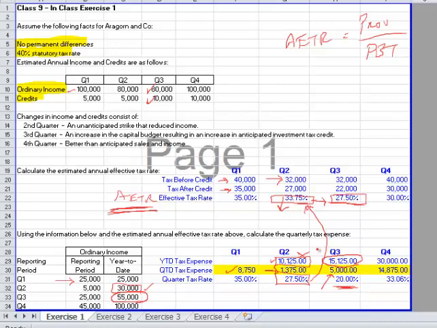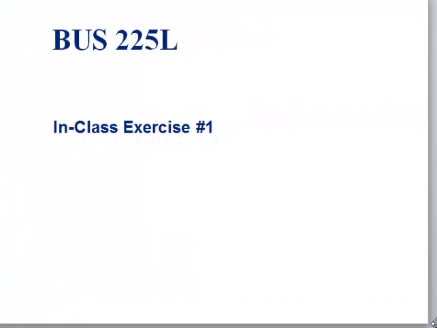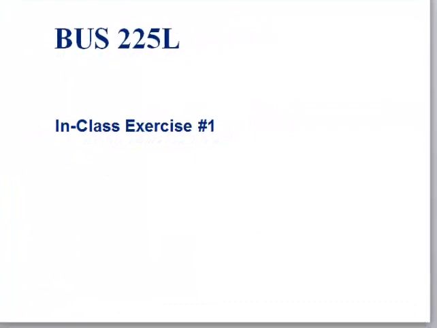When you think about the whole idea of the provision being that you're spreading the annual effect throughout the year, well, as you change that estimated annual effect, you have to spread it all throughout the year, which means you have to catch up for what you've already done. Okay, so that's the solutions to exercise 1. Okay, any questions on that?